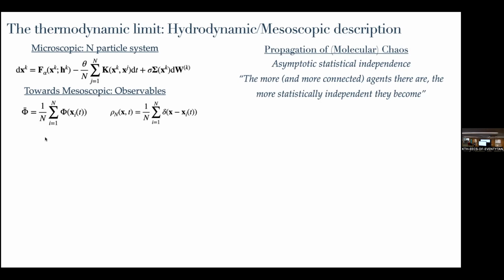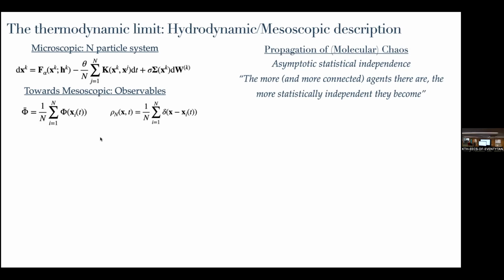The paradigmatic observable of a system is usually what's called the empirical measure. So rather than looking at the individual trajectories, you look at the proportion of particles that are in a specific phase space region. And actually, this hope is true for these mean field models because of propagation of chaos, molecular chaos, which is, we should say, an effect that has also been described in the first talk today.